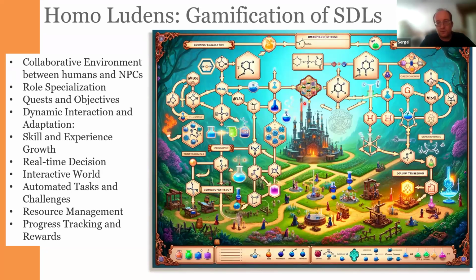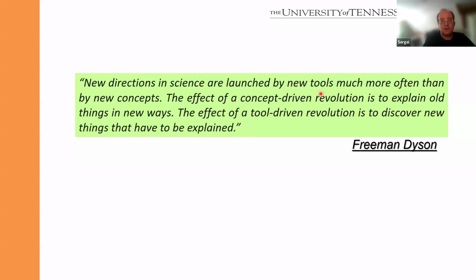For the time being, we just learned how to run an optimization on one very small loop. So to finish, when you do science, there is a very popular viewpoint that science is delivered by new ideas. But the statement that resonates with me much stronger is by Freeman Dyson, who said that new directions in science are launched by tools much more often than concepts.